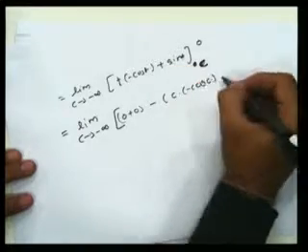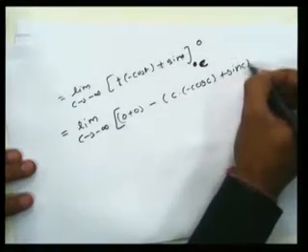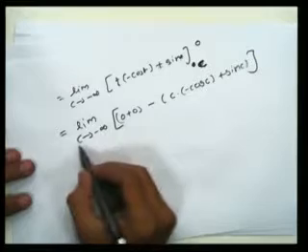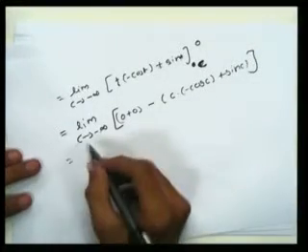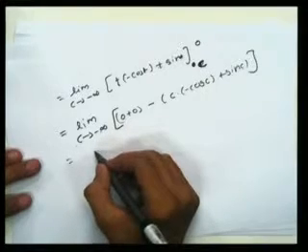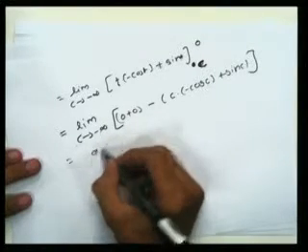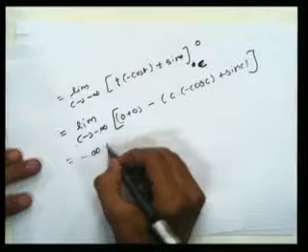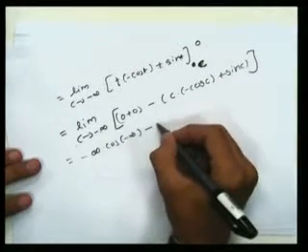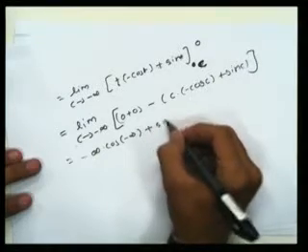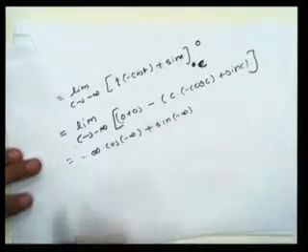Now we put c tends to minus infinity into this term, then this is the same as minus infinity into cos of minus infinity, plus sine of minus infinity.